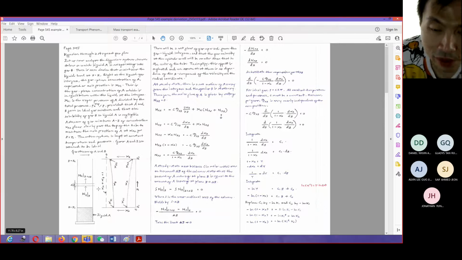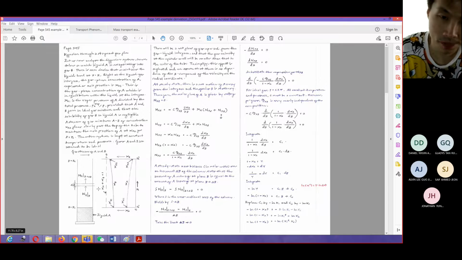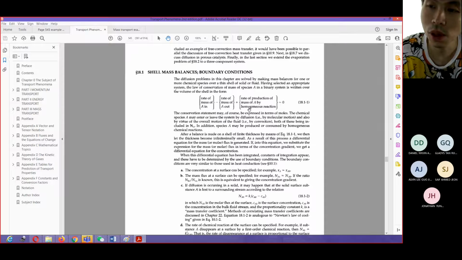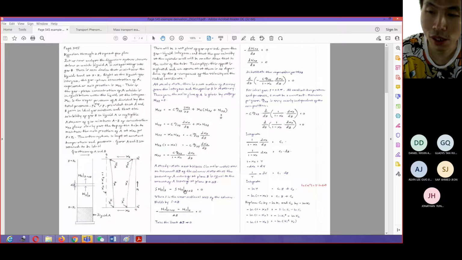You take a thickness of delta z in there, and then you define that there is an input and an output. Now, since we don't have production or consumption of the mass A by any reactions, that means that this term will be 0, right?